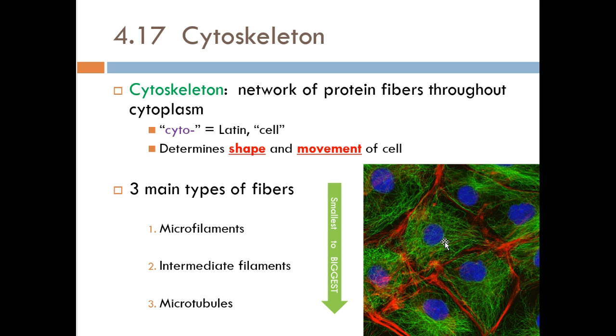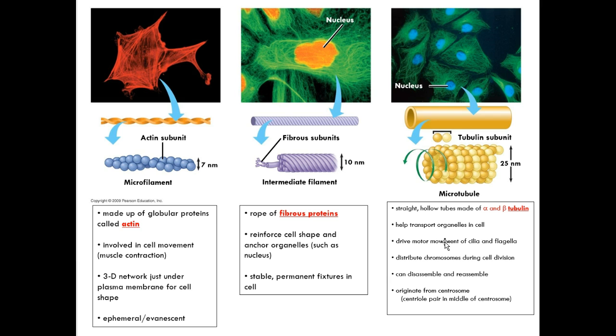And there's three main types of fibers. There's microfilaments, intermediate filaments, and microtubules. And I put this list from smallest to biggest. The microfilaments are basically these intertwined little subunits. They're made up of these small things that can be built up and broken down. They're called actin. And they're involved in cell movement.